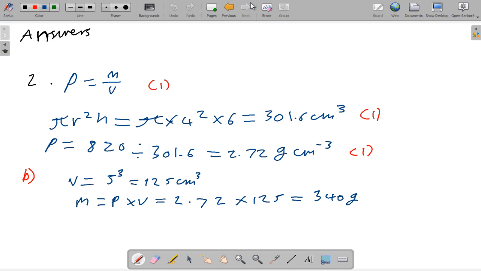And then 820 over 301.6 is 2.72 grams per centimeter cubed. And for B, the volume is 5 cubed, which is 125 centimeters cubed. The mass can then be rearranged to 340 grams. That's it.